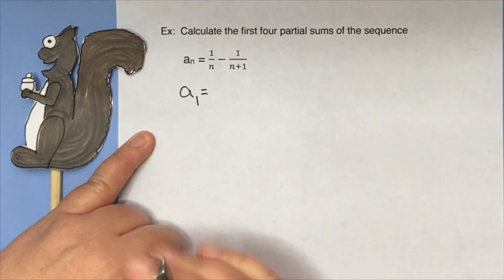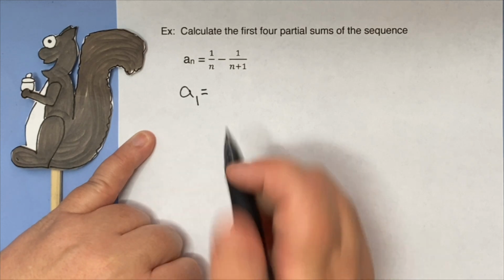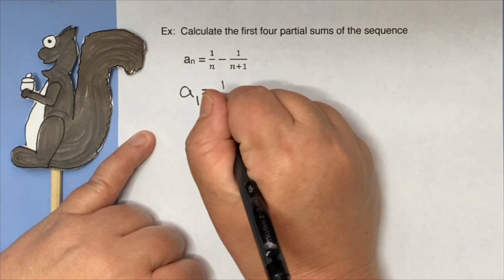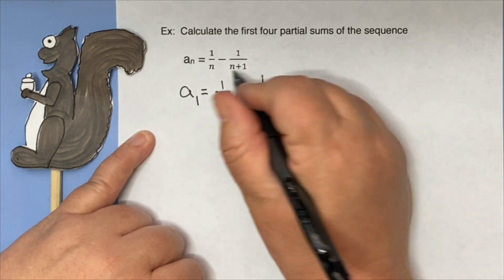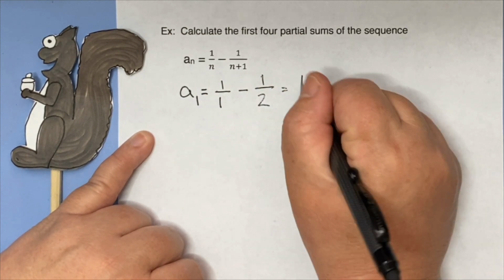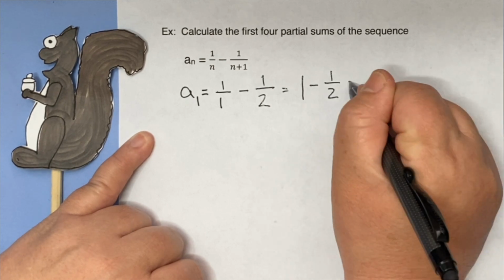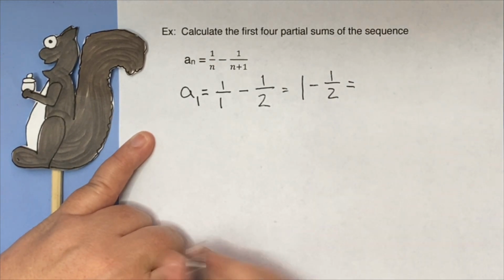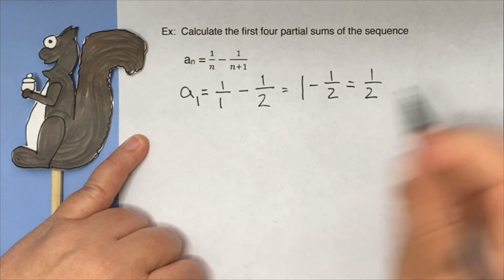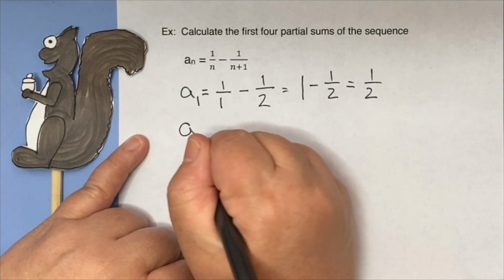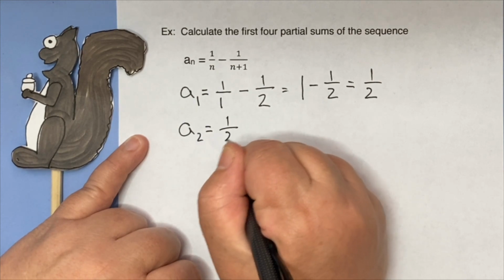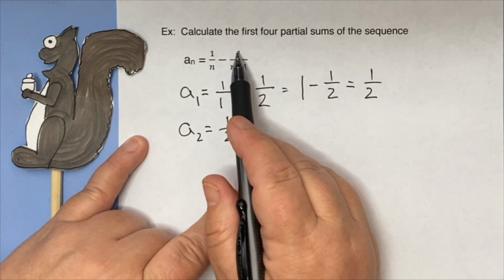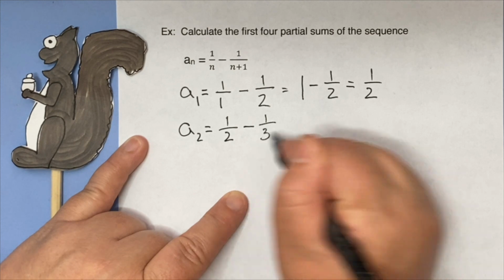The first term, when n equals 1, is 1 over 1 minus 1 over 2, right? 1 minus 1/2. What is 1 minus 1/2? It's 1/2. Okay. A sub 2, that's 1/2 minus 1/3, right?